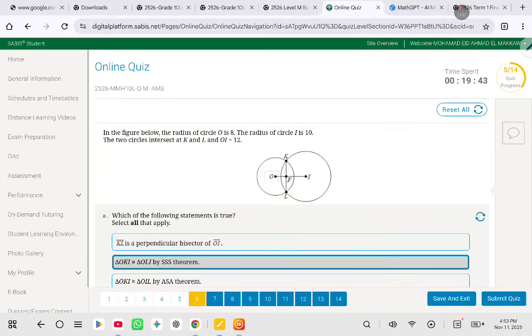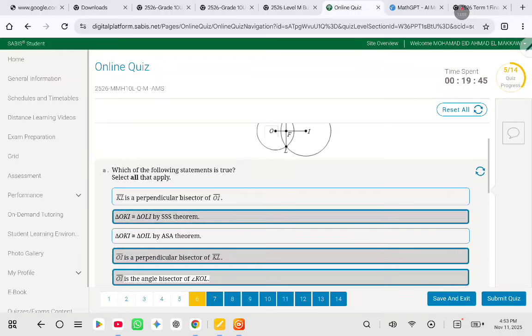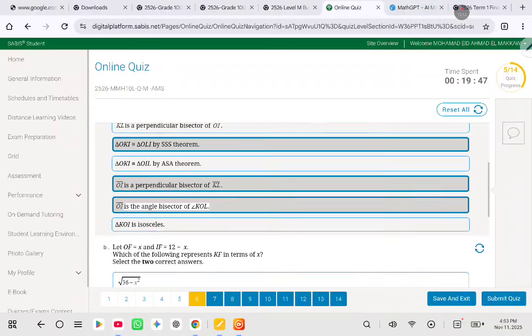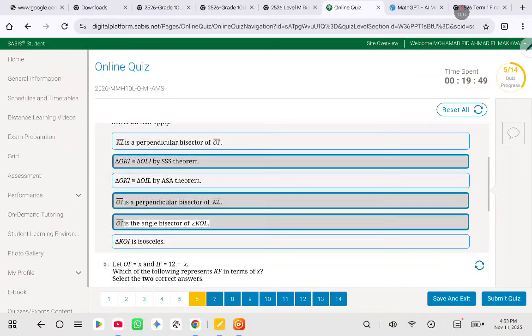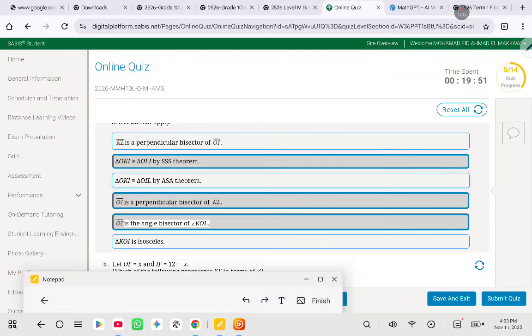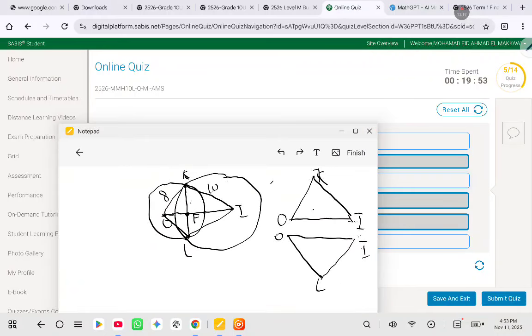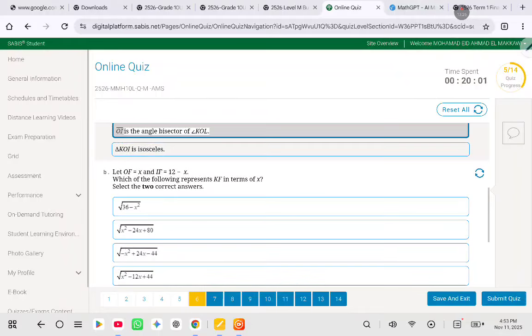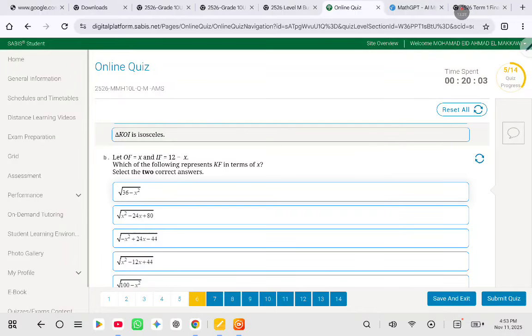Yes, it is, because it's in the middle of KOL, right? KOI is isosceles? No, because how would it be isosceles? This is 10 and this is 8, and then OI is 12, so I don't see how it would be.